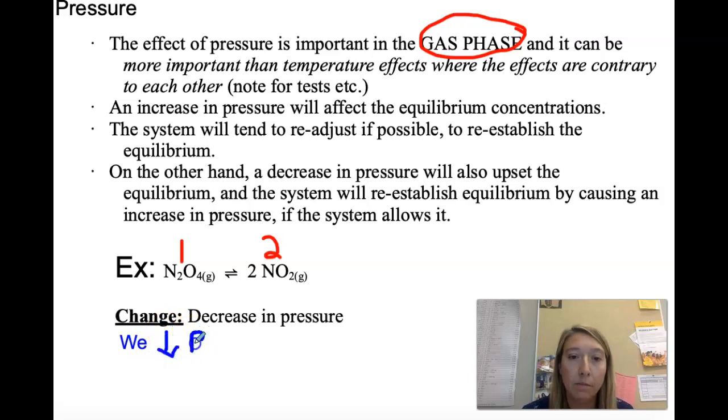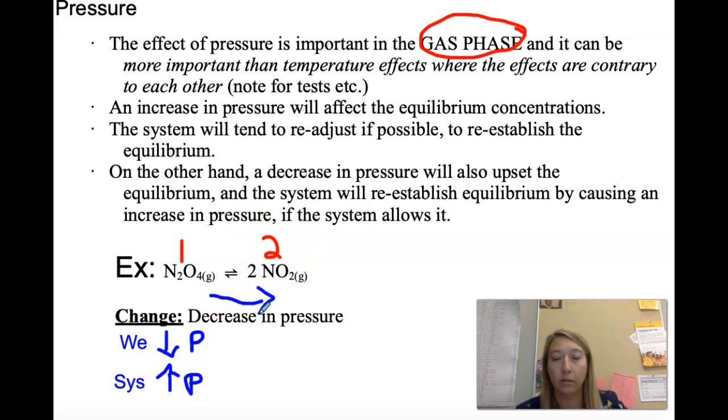So the system wants to do the opposite. The opposite of a decrease is going to be to increase. So the system is going to want to increase the pressure. The way to increase the pressure is to shift to the side with more molecules. So this side has 1, this side has 2. It is going to shift to the right.